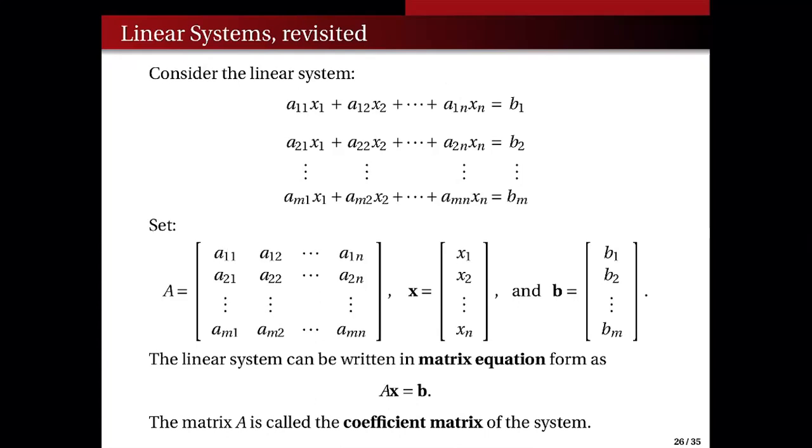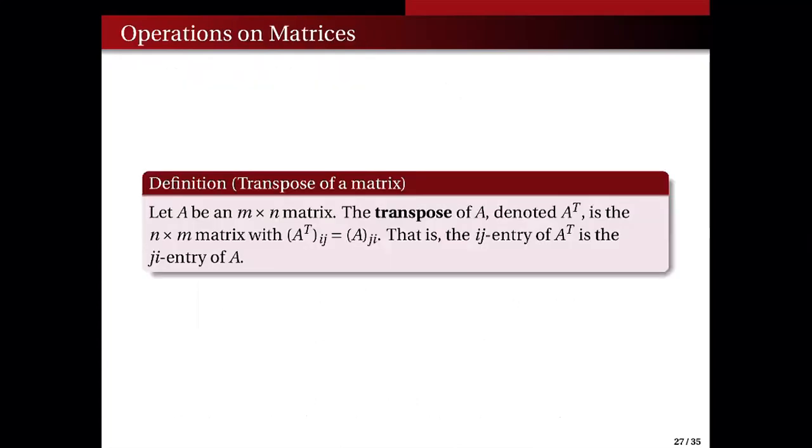Now, let us look at some more operators on matrices. Let A be an m by n matrix.